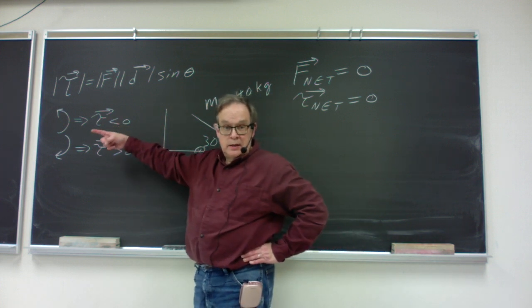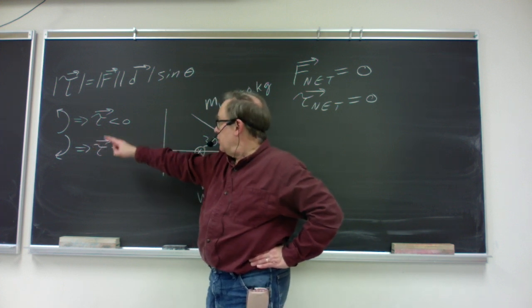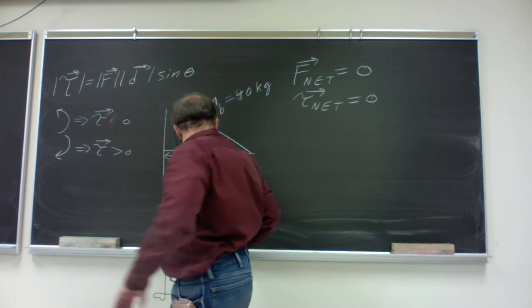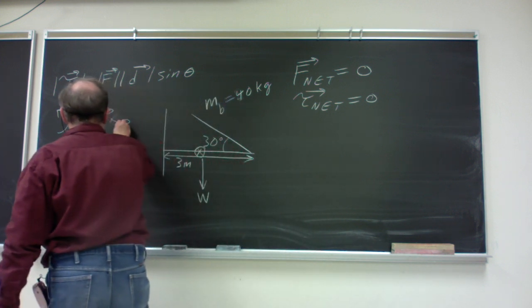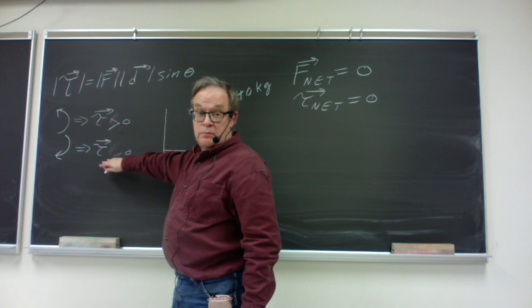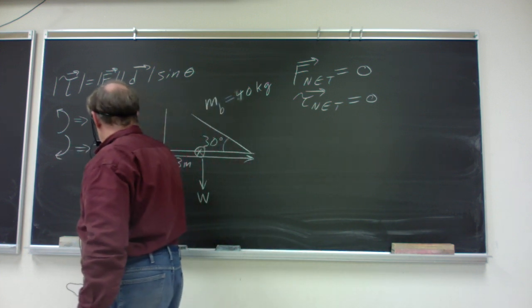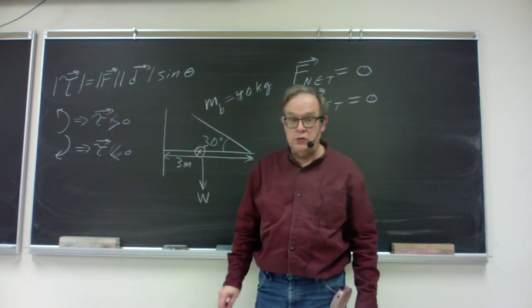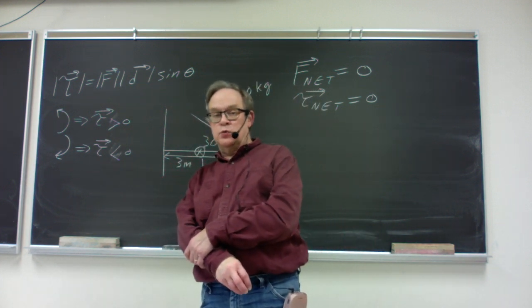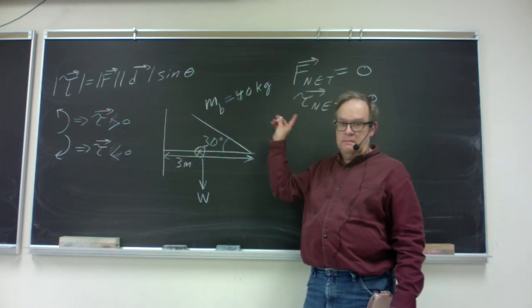If it makes a counterclockwise rotation, that corresponds to a positive torque, and if it made a clockwise rotation, that would correspond to a negative torque, and you have to get those signs right when you're combining torques, adding them together to get the net.